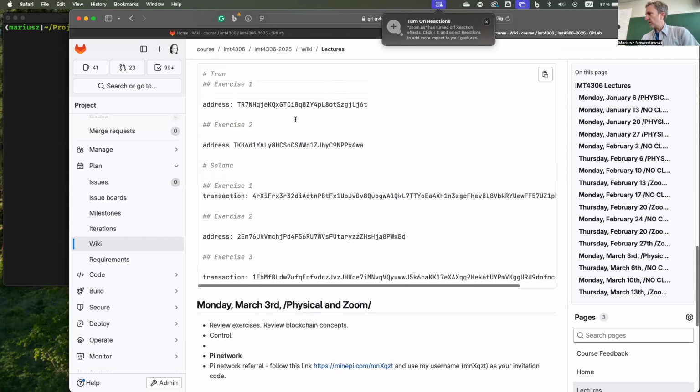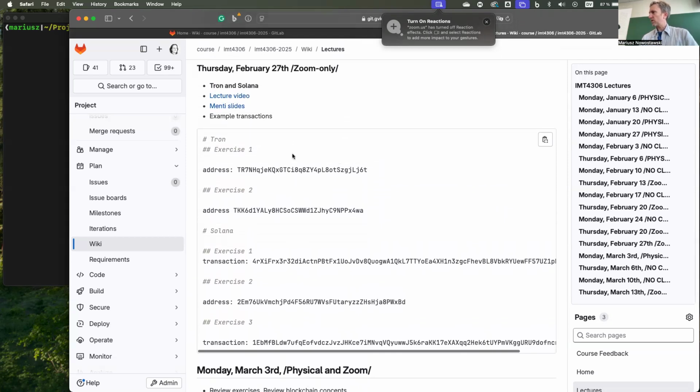All right, so let's check some of those exercises in Tron that we missed before. Okay, let me see if this sharing works. So I will start sharing again.